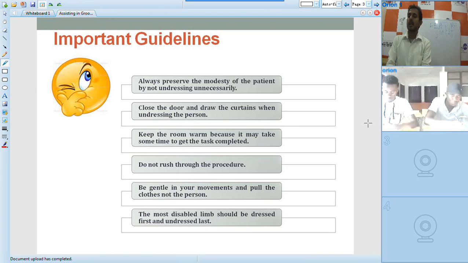Be polite and gentle in your movement as well as in the movement of the patient's body while removing or pulling up the cloth.